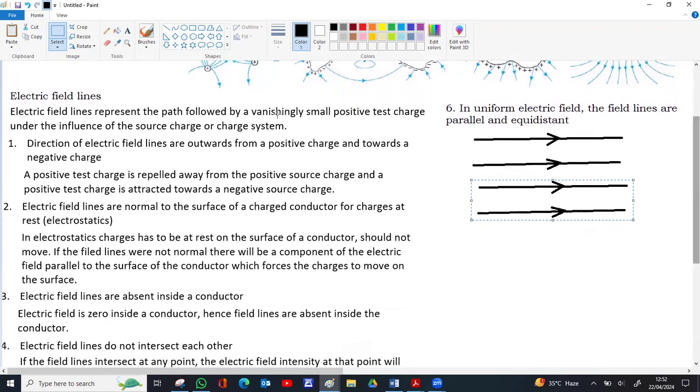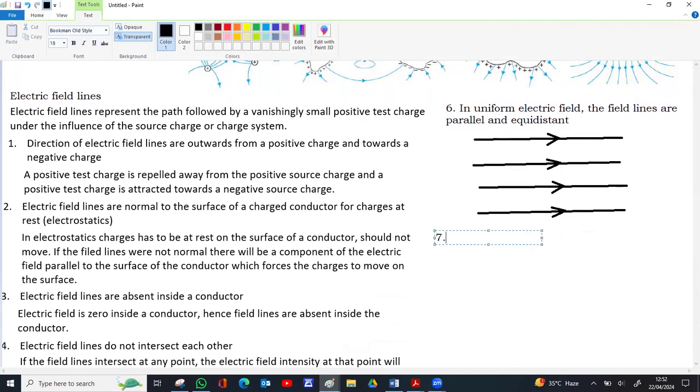Now another point, maybe we discuss the properties. The relative closeness of the field lines indicates the strength of the field.